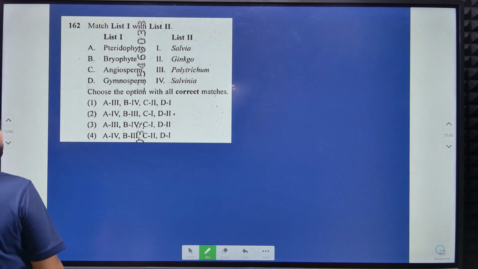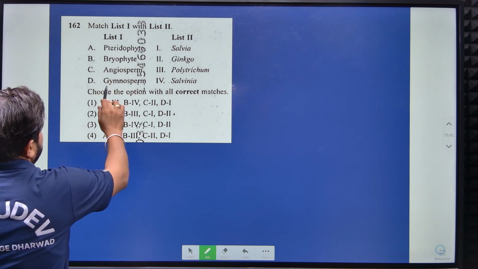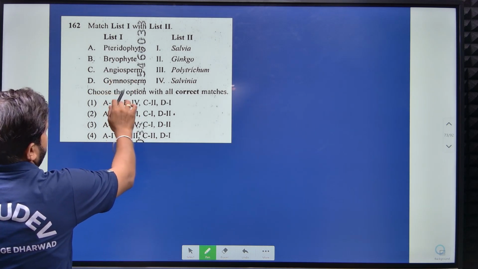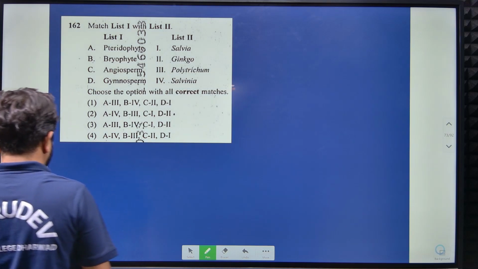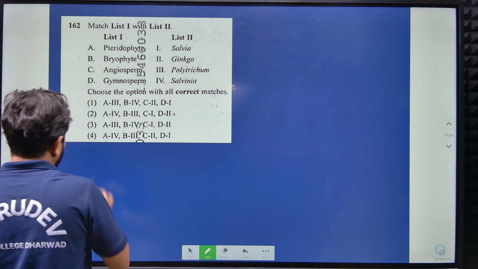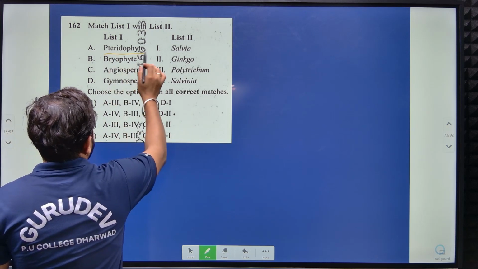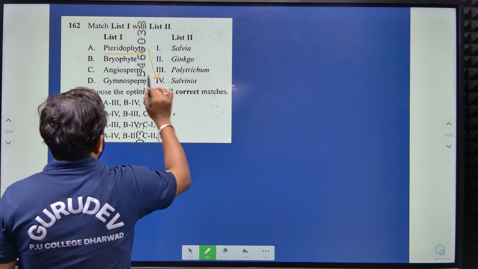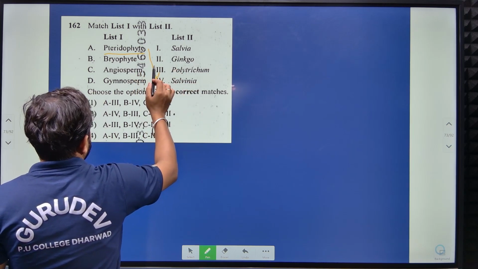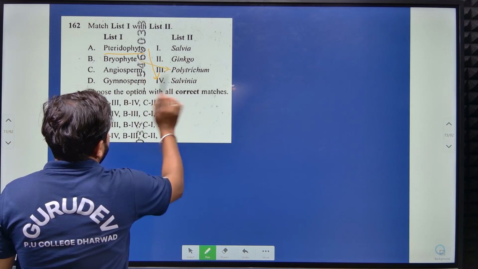Then moving on to the next, they have mentioned pteridophyte, bryophyte, gymnosperm and angiosperm, and the examples they have given. According to that, I have to find out a particular answer over here. The pteridophyte example is Salvinia. The bryophyte example is Polytrichum.